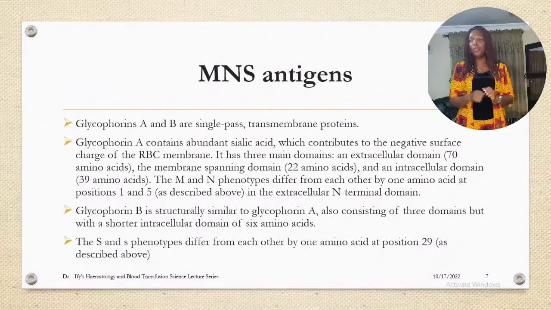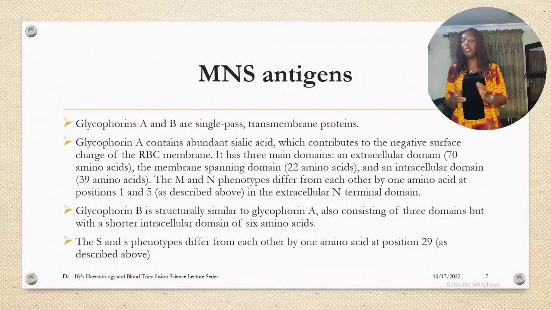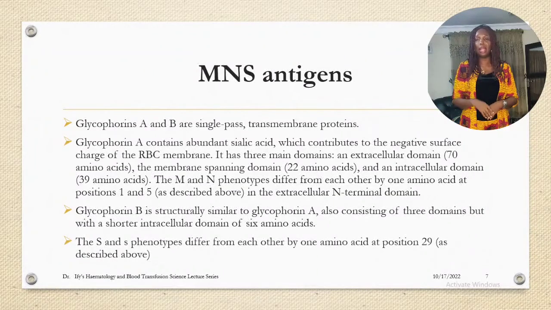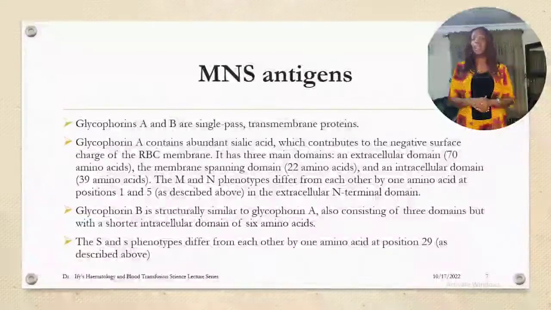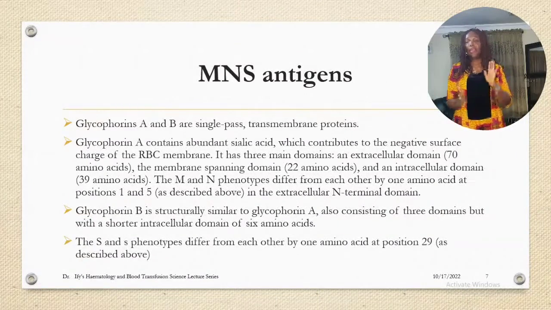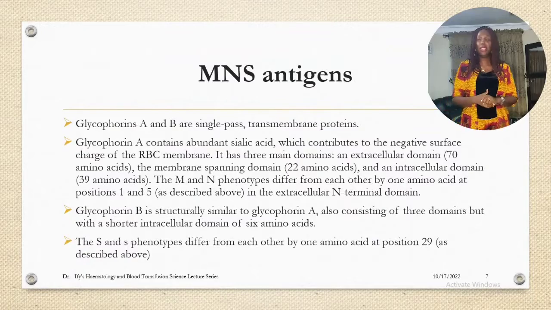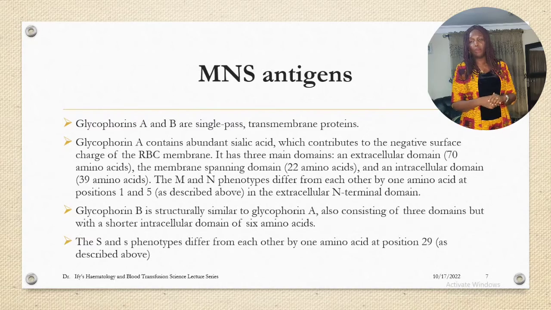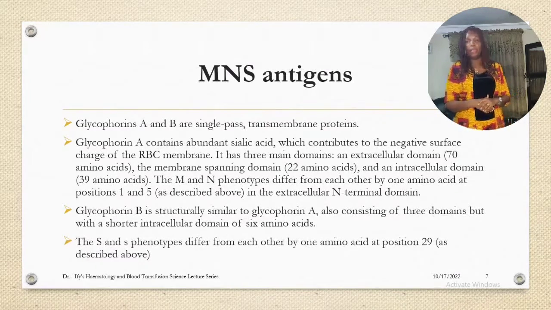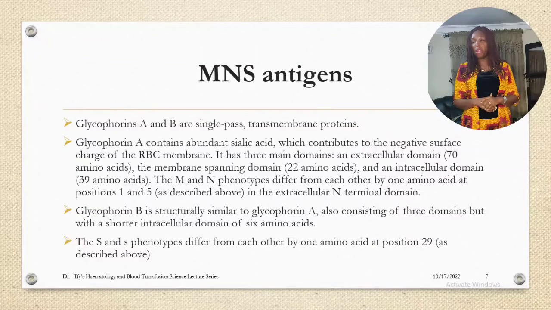The M and N phenotypes differ from each other by one amino acid at positions 1 and 5 in the extracellular N-terminal domain. Glycophorin B is structurally similar to glycophorin A, also consisting of 3 domains, but with a shorter intracellular domain of 6 amino acids. The big S and little s phenotypes differ from each other by 1 amino acid at position 29.